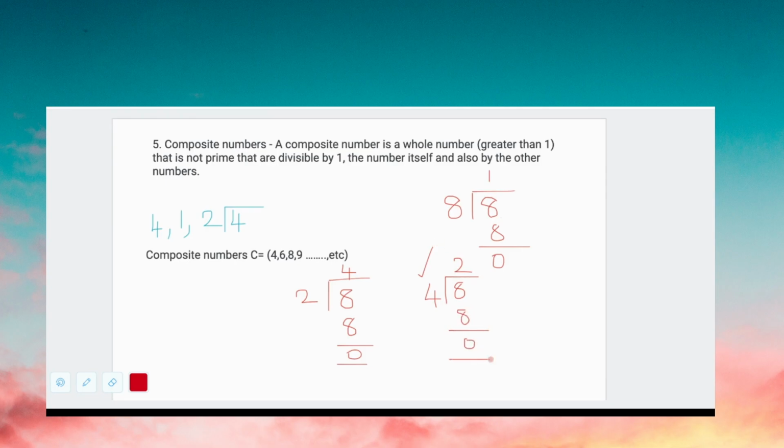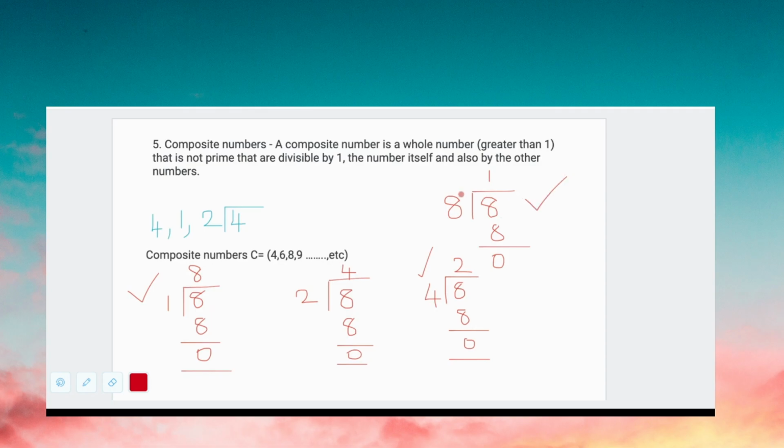It can also be divisible by 1 because 1 times 8 is 8.